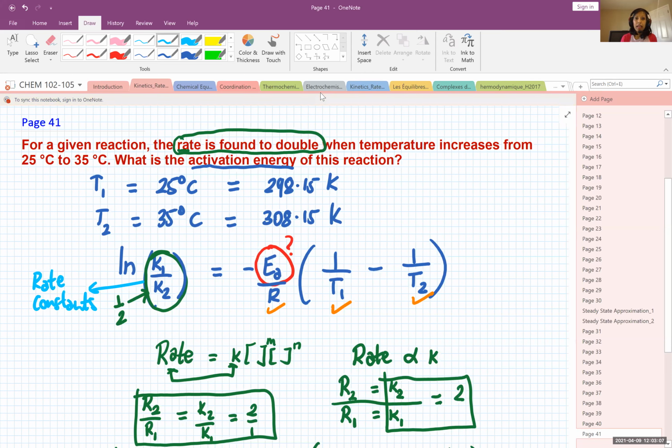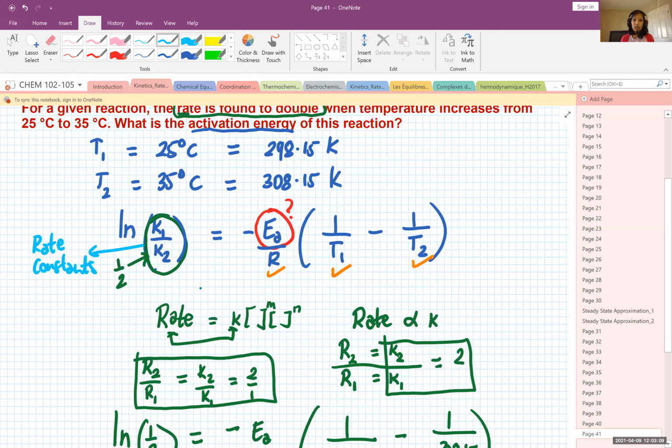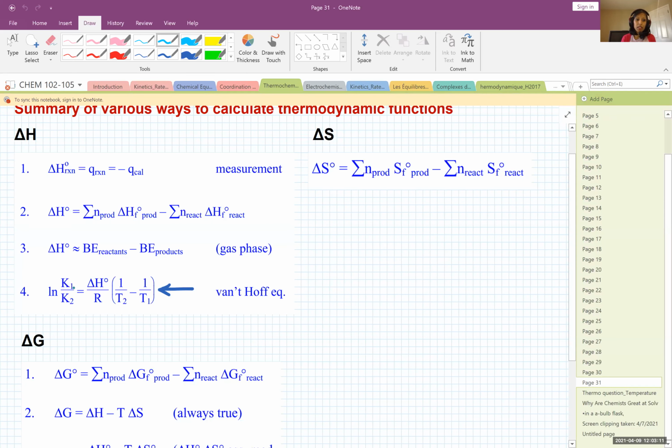And here in Unit 4, the Van 't Hoff equation has equilibrium constants. So you need to know the difference between the two. And it has the enthalpy of the reaction in the expression. Know the difference.